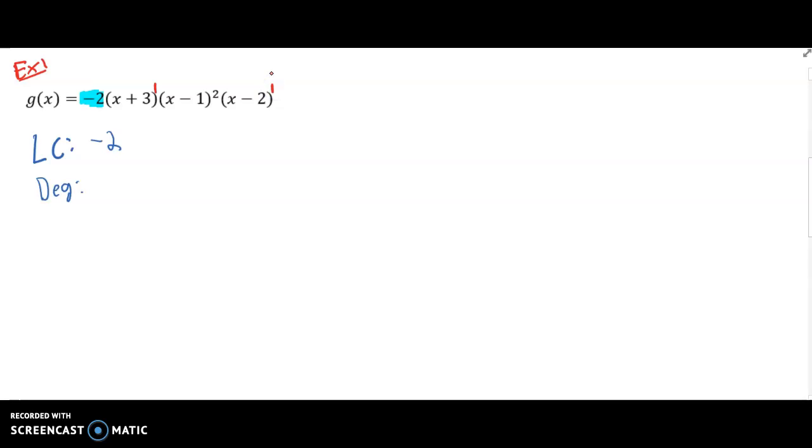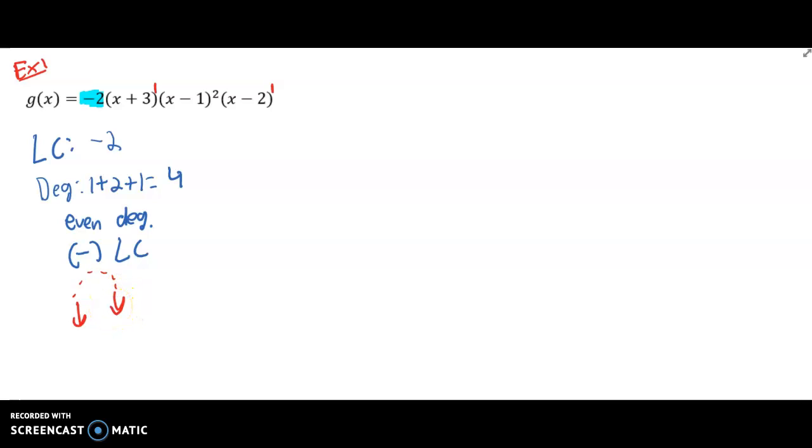The negative 2 will not have an exponent because it does not have a variable, it does not have an x. So our degree is 1, 2, and 1, which is 4. So we have an even degree and a negative coefficient. So our shape is a downward parabola.